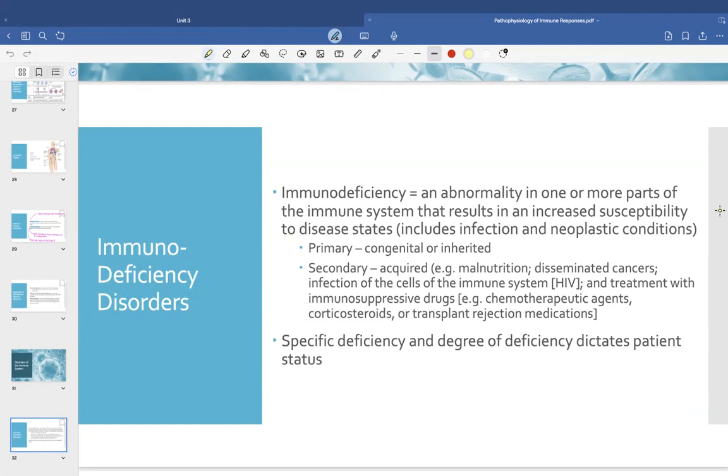Do you agree? How are they going to present? Infections, right? Exactly. Some of your other regulatory or loss of regulation, what kind of disorders do we see? Autoimmune, very good, Jackson. Autoimmune disorders.